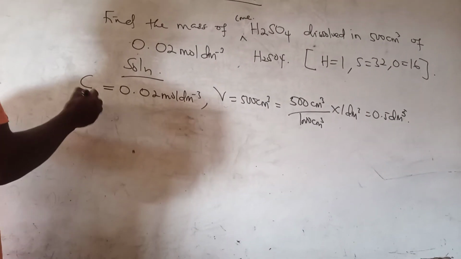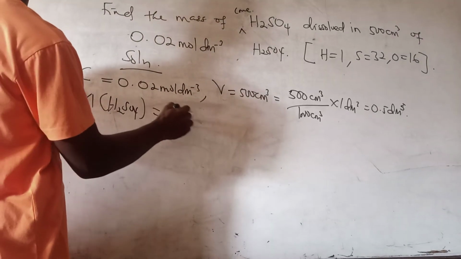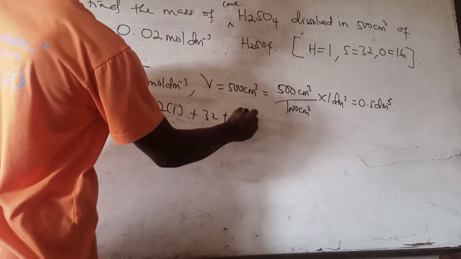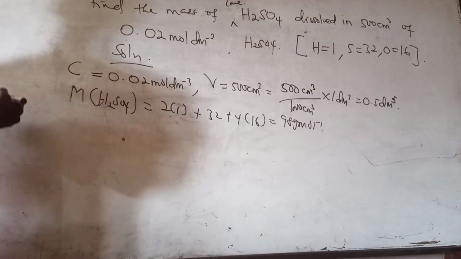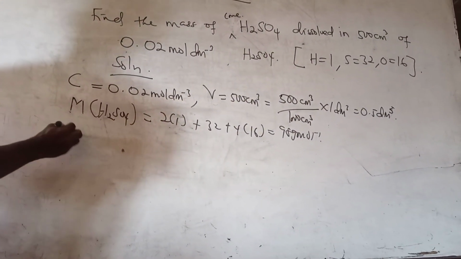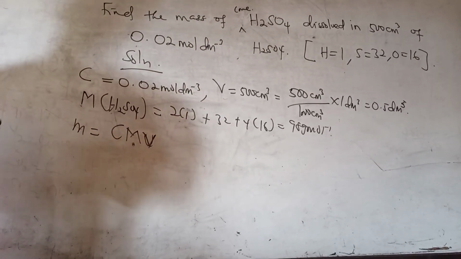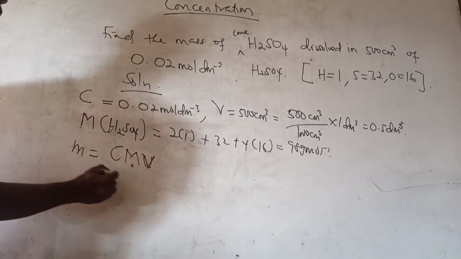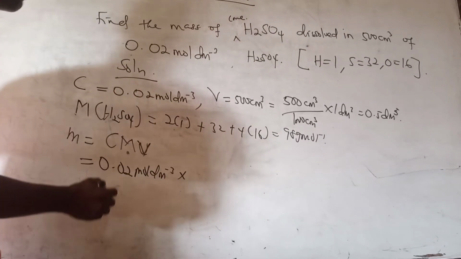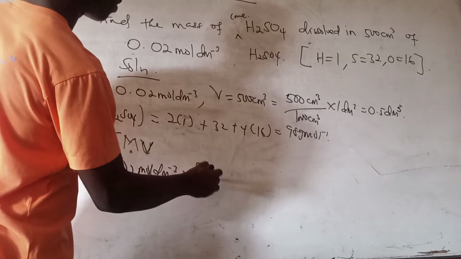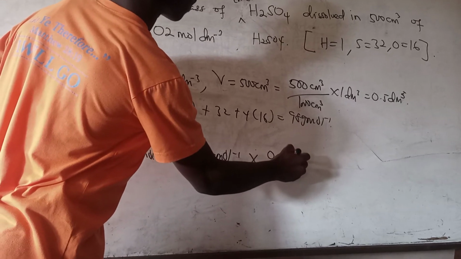Also you are supposed to find the molar mass of H2SO4. So 2 times 1 plus 32 plus 4 times 16, making 98 grams per mole. So we have a formula. We said that mass can also be written as CMV, where the volume is in dm3. So C is the amount concentration as given in the question, mole per dm3, times the molar mass, 98 grams per mole, times the volume, that is 0.5 dm3.